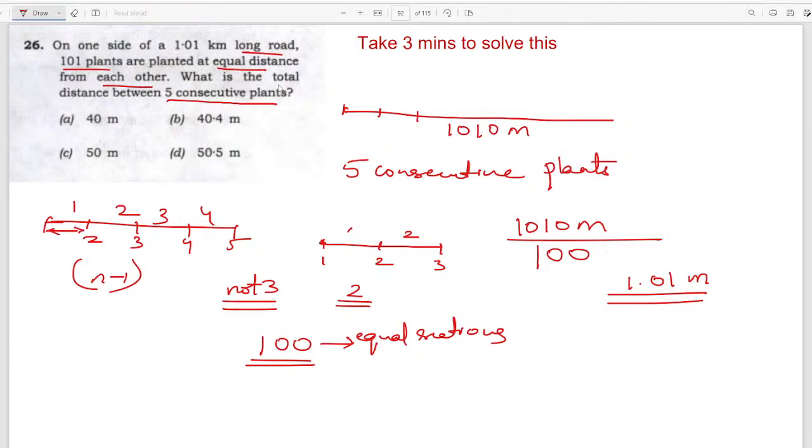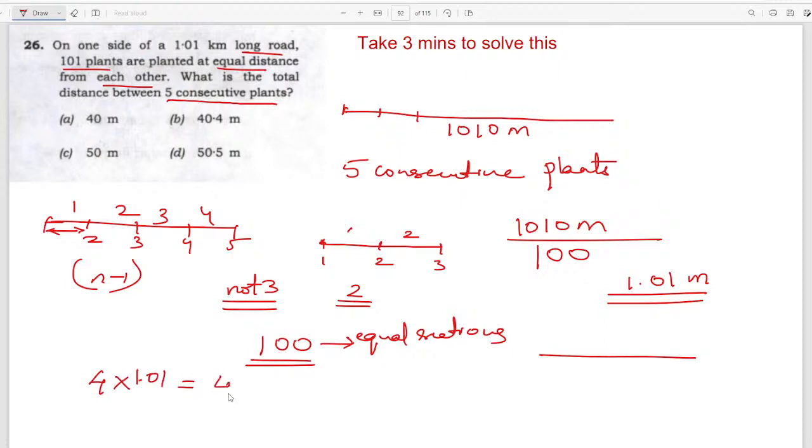They are asking what is the total distance between 5 consecutive plants. If it is 5 consecutive plants, then the equal sections would be 4. So the total length would be 4 times 10.1 meters.